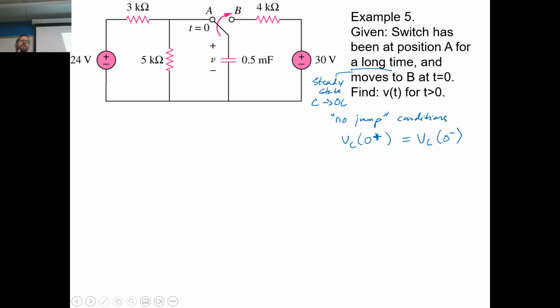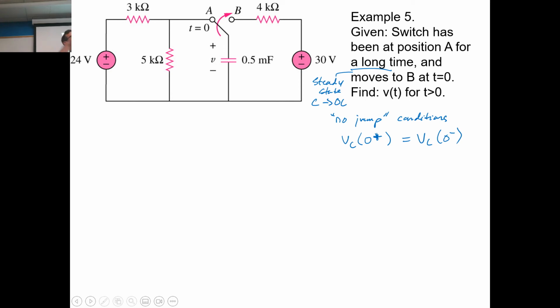So before we solve this, let's take a look at it. The capacitor is in position A for a really long time. This eventually goes open circuit, the capacitor does, yeah? And then no current is flowing through here, so all the current is going through the 3K, 5K series. They're basically in series at that point because they're carrying the same current. There is this connection over to the capacitor, but it's full.